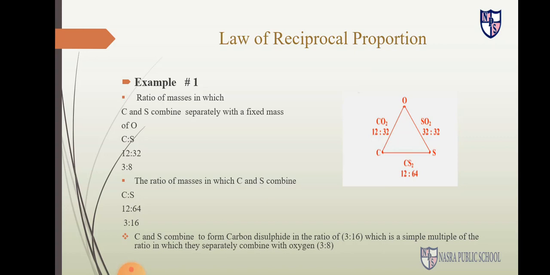And sulfur also combines with oxygen and form a new compound called sulfur dioxide, SO2. Now these two elements, after combining with the fixed mass of oxygen, will combine with each other and form a compound called carbon disulfide, CS2.